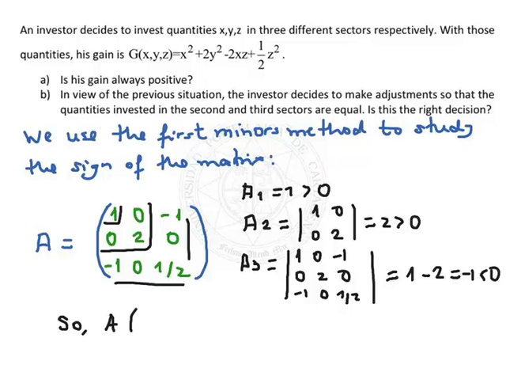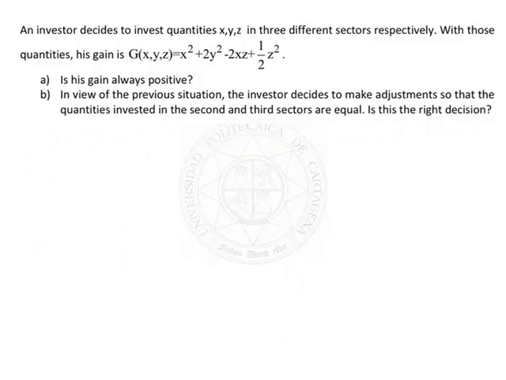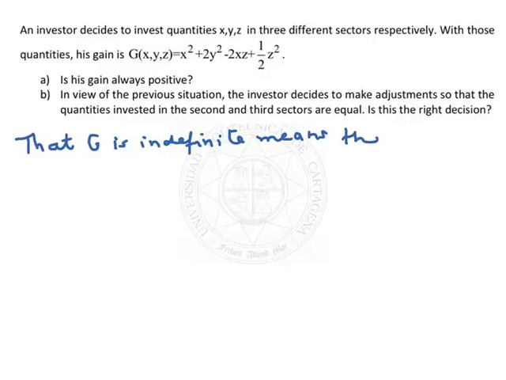So, by what we have calculated, A is indefinite, meaning that the sign of the matrix is sometimes positive and sometimes negative. This matrix has also been given the name of G. As I said before, that G is indefinite means that it takes positive and negative values.